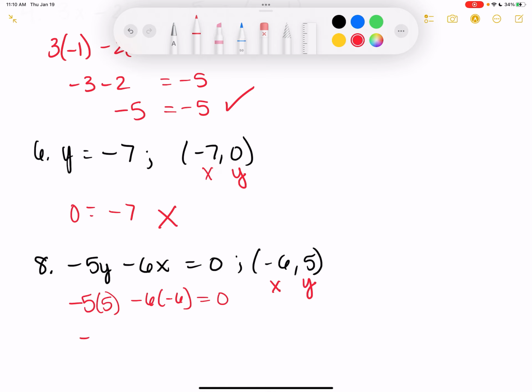Negative 25. Negative 25, and then negative 6 times negative 6 is? Negative 36. 36, so then 36 minus 25 would be what? 11. 11 equal to 0. Obviously that's not true, so it's not a solution.